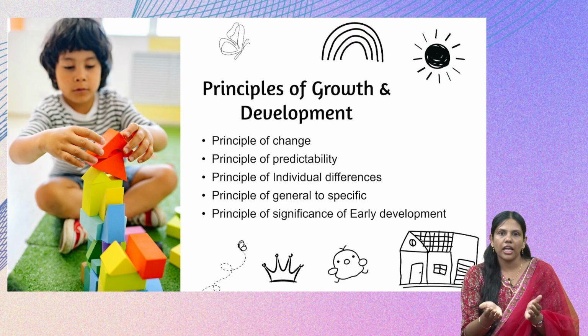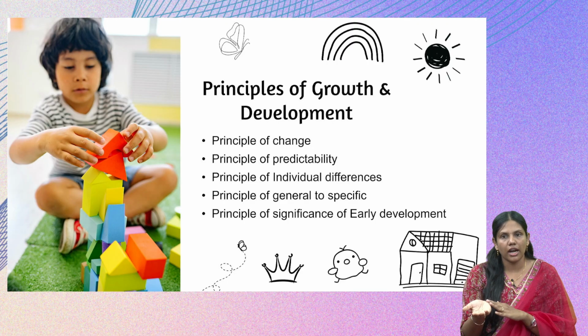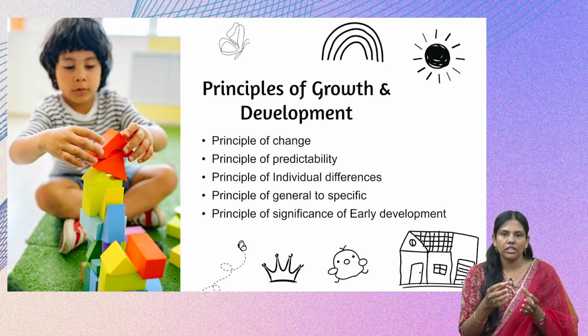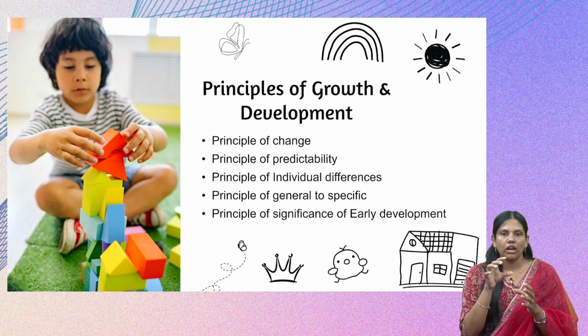In the same way, the emotions which the child undergoes at the age of 2 or 3 will not be the same as what the adult is undergoing at the age of 50 years. So there is always change, not only in emotions but also in different aspects like moral values, everything. The child may learn and pick up different aspects and the change will always be there. It is not fixed, but it will be changing.